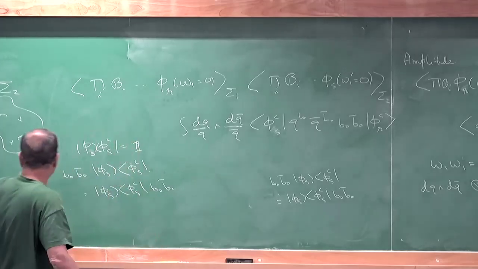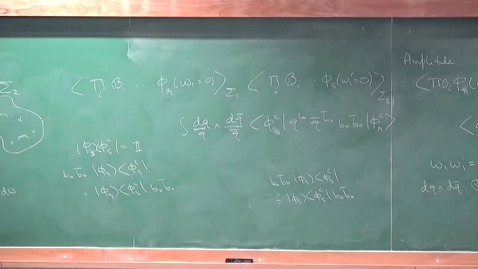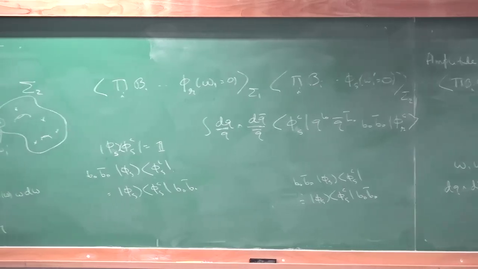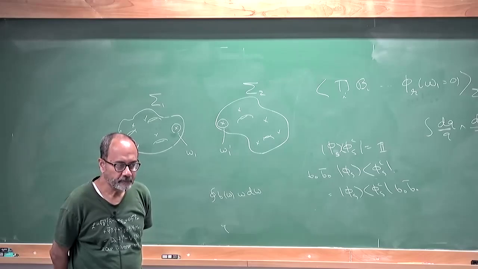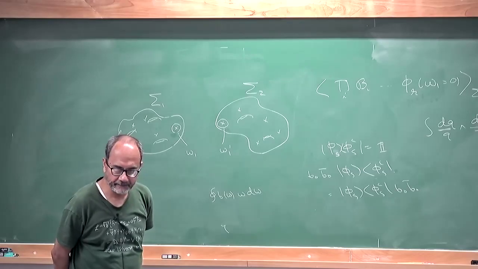Because here you have inserted phi R, here you have inserted phi S, right? And then that object is something that is connecting phi R to phi S. So it is in this sense that this way of writing the contribution near the degeneration does look like a Feynman diagram. Okay, and we will make it more explicit in a few minutes.